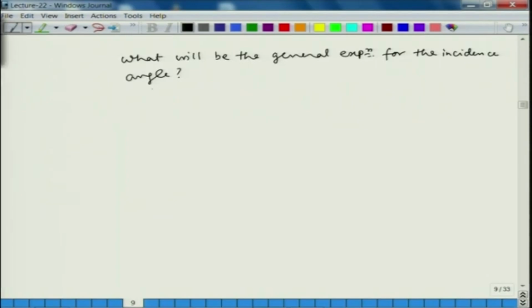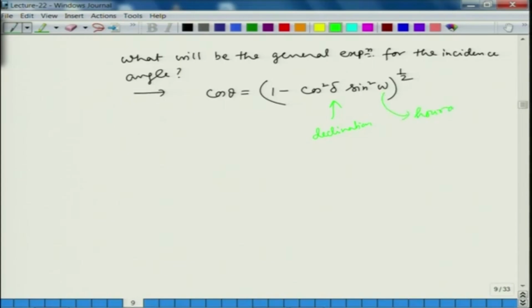Again you can derive it, I am not going to derive it, you can show that cos theta will be the square root of 1 minus cos square delta sin square omega. Again you see that it depends on two angles: declination, which changes from day to day, and this omega, which is our hour angle, which changes from point to point. That is how you get it, and that is mode 2 single axis tracking.